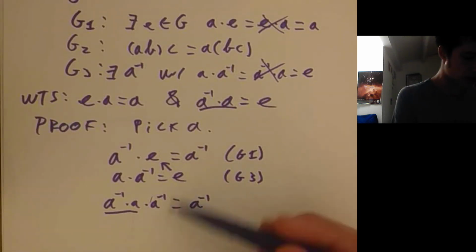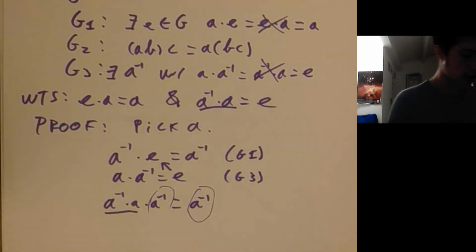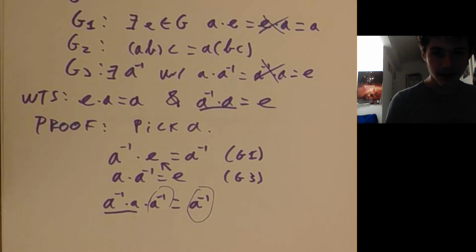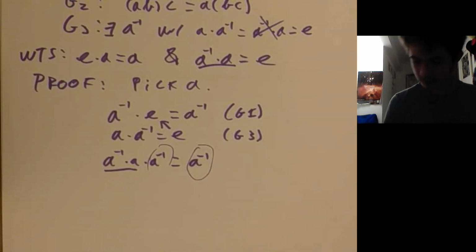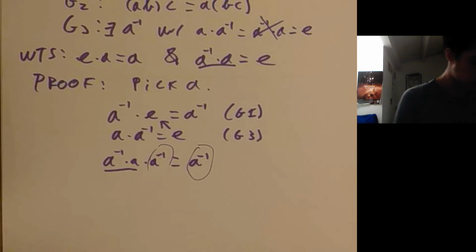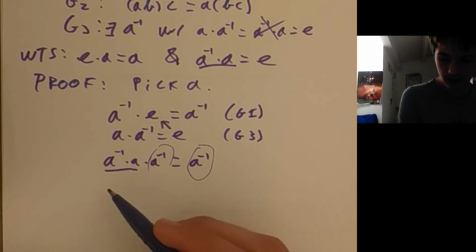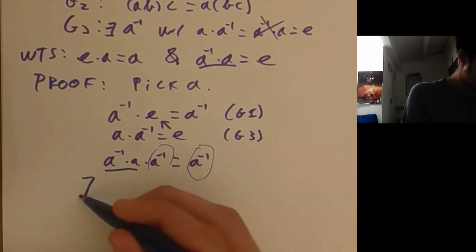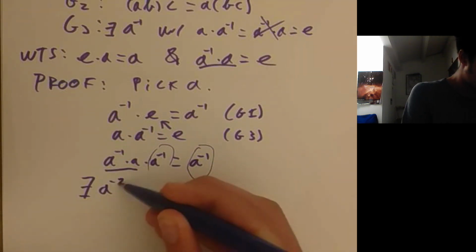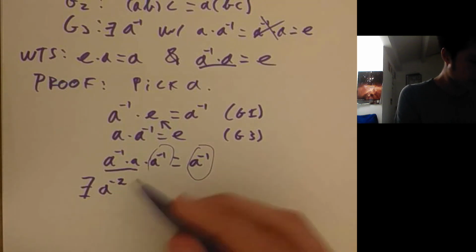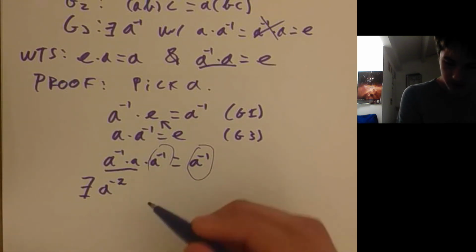So we'd like to cancel out this A inverse on both sides. And that we can do by introducing the inverse of A inverse, which of course will be A, but at the moment we don't know that. So via the third axiom, we know that there exists some A to the negative 2. This is the inverse of A inverse.